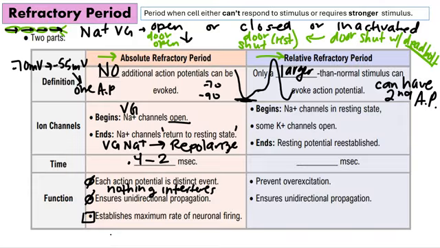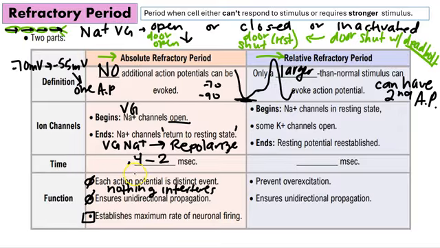What does this mean? An action potential can only go forwards, not backwards, right? So once it hits that trigger zone or initial segment, you're going to go straight from threshold down the axon to the terminus. And when you're talking about one action potential at a time, the absolute refractory period establishes the actual time frame for that.